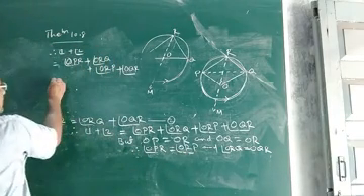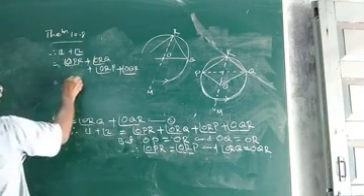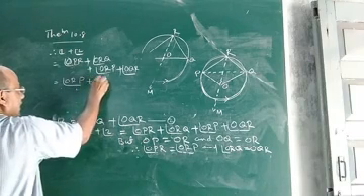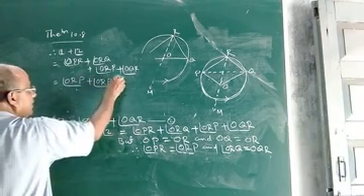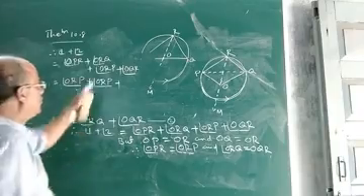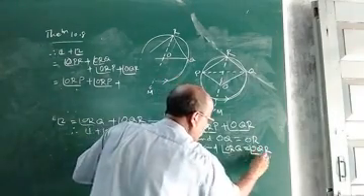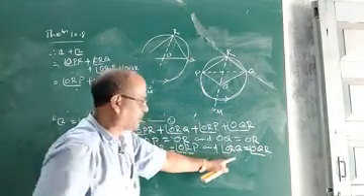So write down this ORP and rearrange. Now plus ORQ, and this is OQR. Look at OQR. Angle OQR is again equal to ORQ.